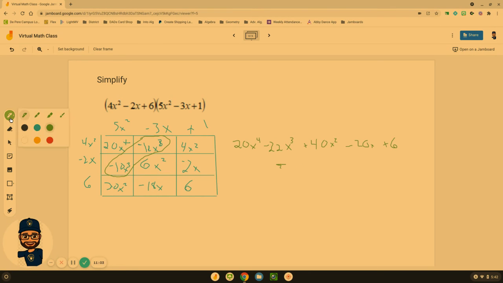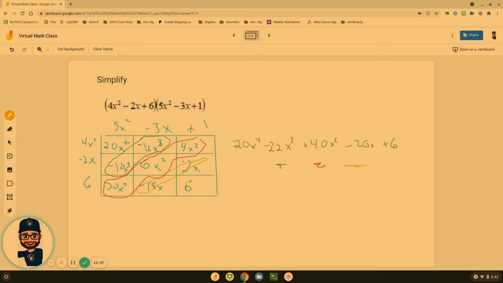The x squareds came from these 3 boxes right in there, and so I could combine those right away. 30 plus 6 plus 4 gives me 40 of them. And then hopefully you can see that the negative 20x came from these 2 boxes right here. Okay, and so I combined those like terms at the end.